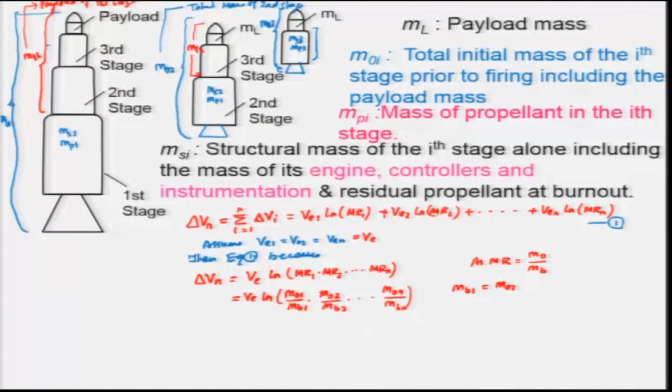So, we will assume that this will cancel out, and that gives delta V n equal to VE ln of m naught 1 divided by mbn, and that is equal to VE ln of m naught 1 divided by m0n minus 1.